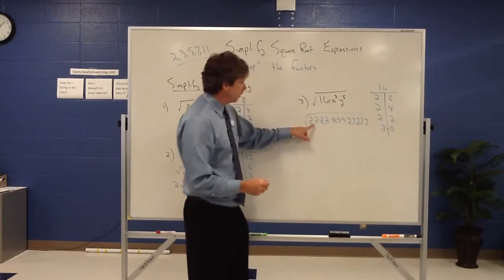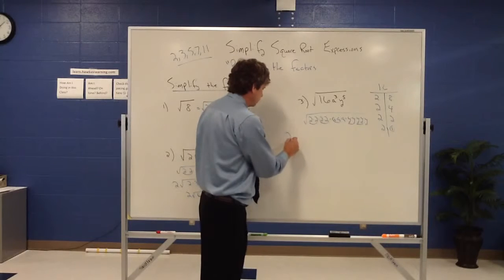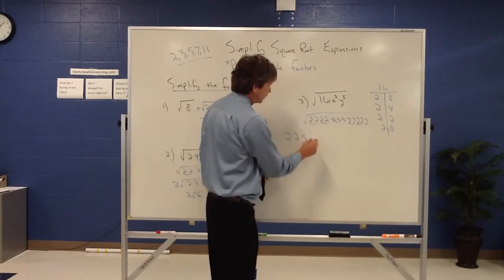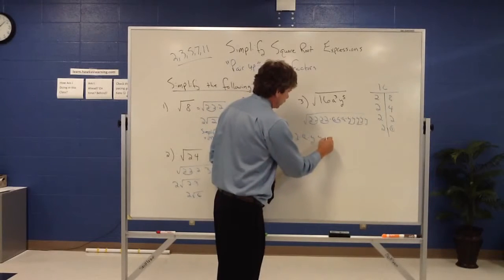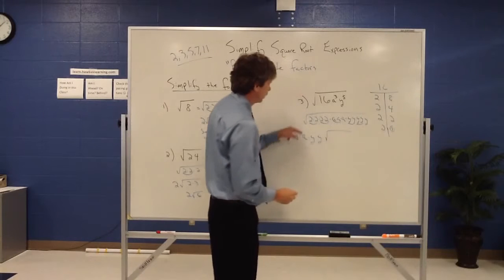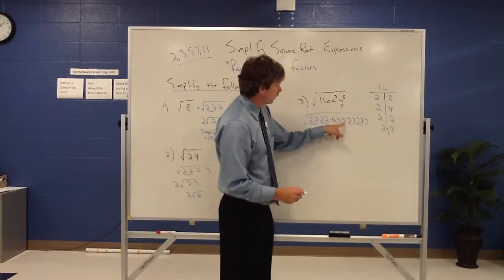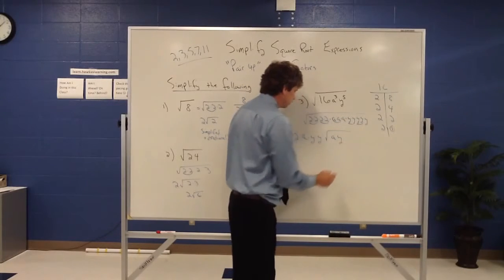Each time we have a pair, that factor comes out of the radical. So I bring out a 2 times another 2. I bring out an a, I bring out a y, and I bring out a y. The leftovers stay inside here. The 2's all came out, but this a and this y are called leftovers. They stay inside, so the a times y remains.